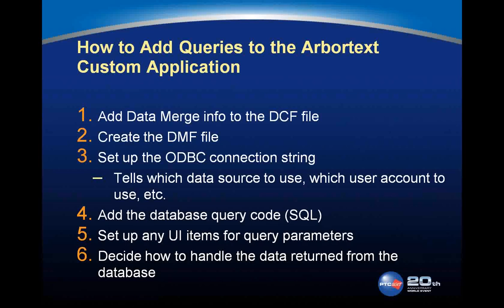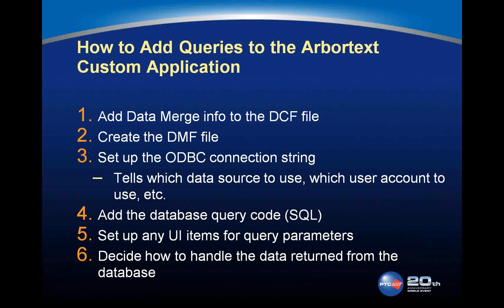Okay, so we sort of have an idea of what a query is. So how do you make Arbortext understand what your query is and what to do with it? Well, these are the steps involved. The first thing you do is configure your DCF file, your main doc type configuration file, to know that you have data merges attached to that doc type.